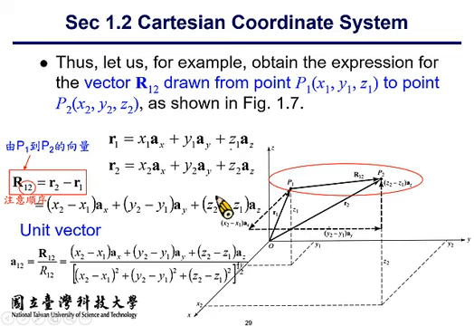Next, let's look at some operation examples for the coordinate system. I believe this should be straightforward for you guys. So suppose we have a vector named R12.